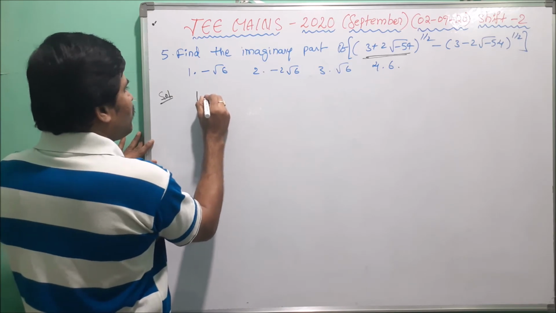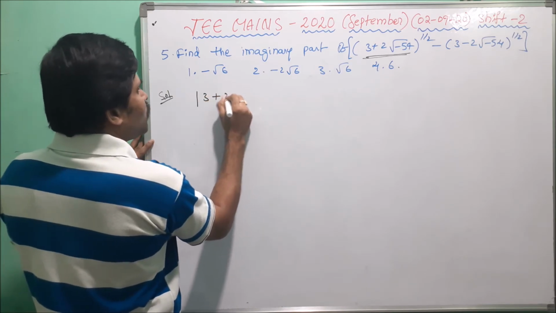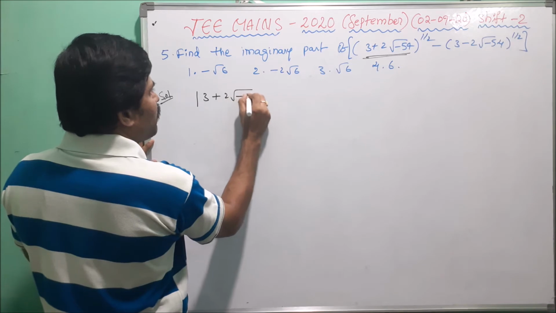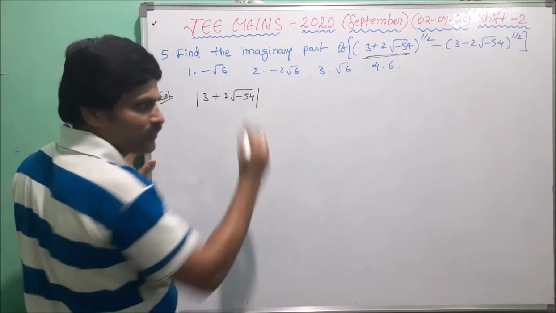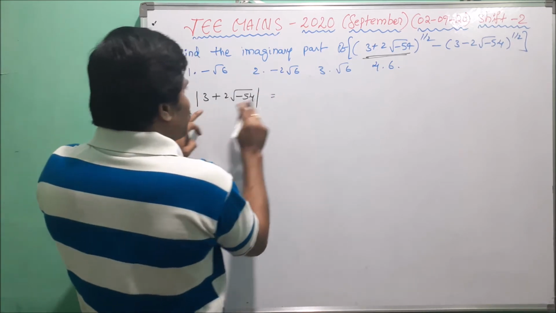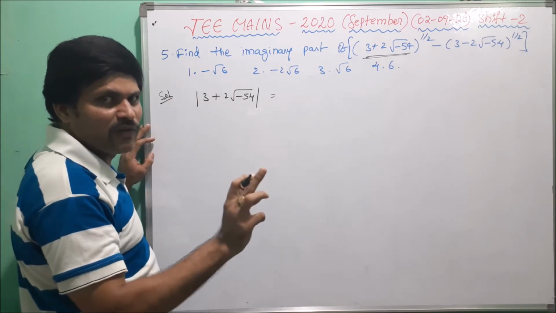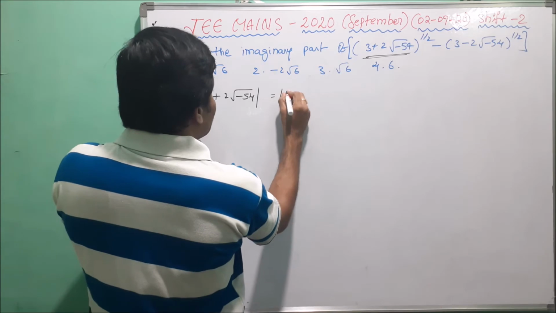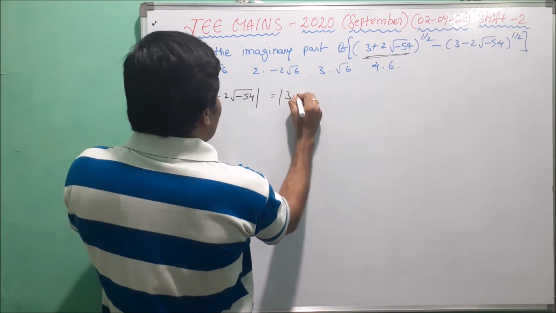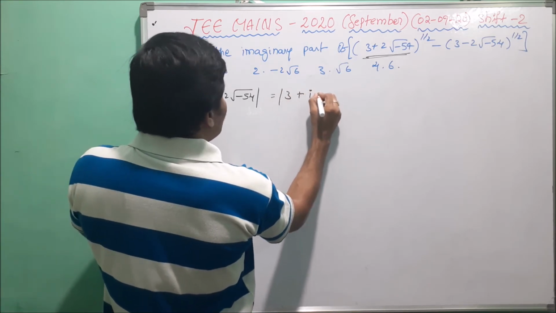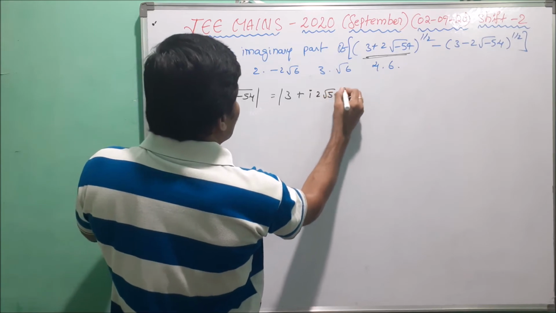Here we take 3 plus 2 into square root of minus 54. Here the square root of minus 54 can be written as i into square root 54. So that equals 3 plus i into 2 root 54.